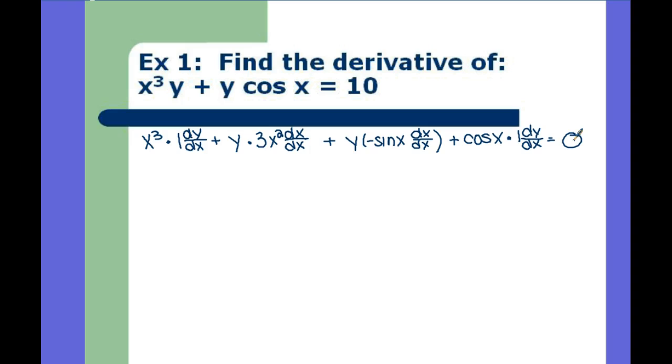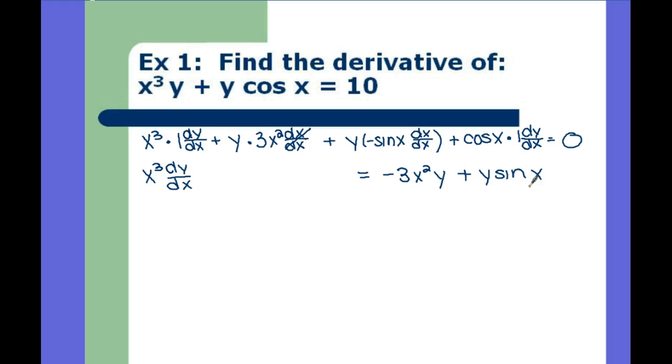Okay, our goal is to rearrange all the terms so dy/dx is on the left of the equals and the dx/dx's become 1s and move to the right. So this is going to stay. The next part's going to move. So you get negative 3x squared y. This is going to move, so it's negative y sine x. When you move it, it becomes positive y sine x.